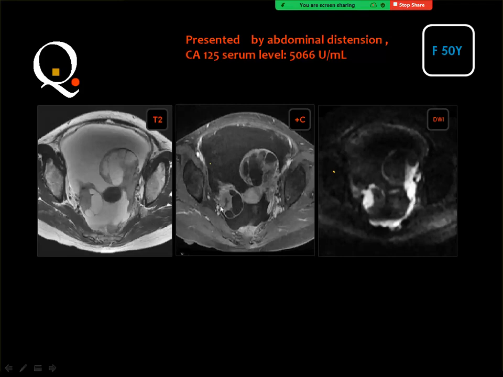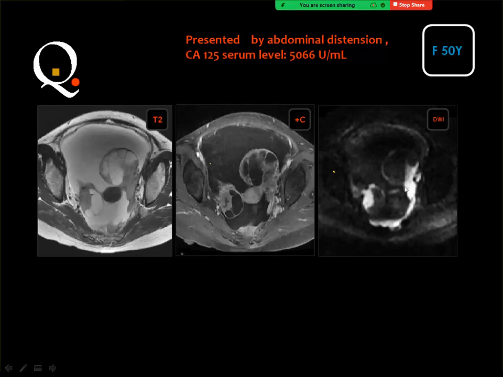This is definitely malignant. And as you know, serous cystadenocarcinoma is more likely to be bilateral compared to the mucinous cystadenocarcinoma, and the incidence of serous is much more, maybe 10 times more common than the mucinous cystadenocarcinoma.